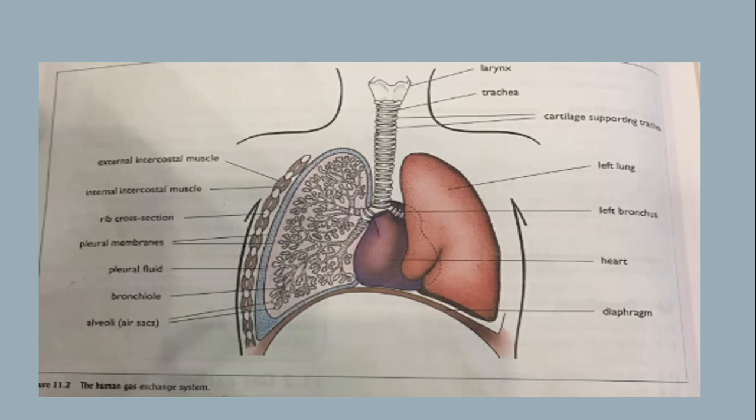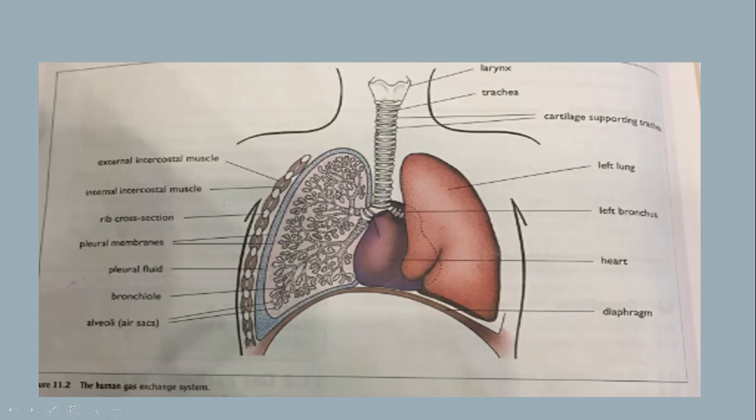These are called bronchi, and one is called a bronchus. Every tube that is divided from the trachea is called a bronchus. Two together are called bronchi.